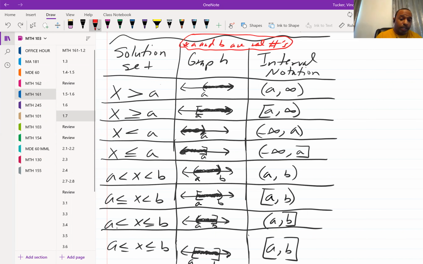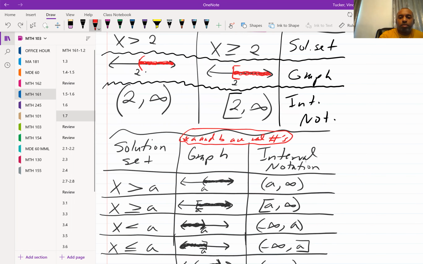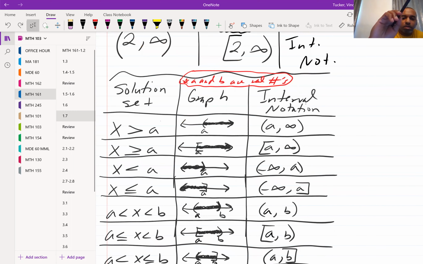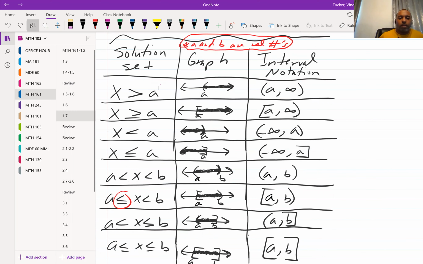So the next one, the only thing that changes is that we're going to have a bracket over a because we have the or equal to sign attached to a. Hold on, guys. There we go. All right.